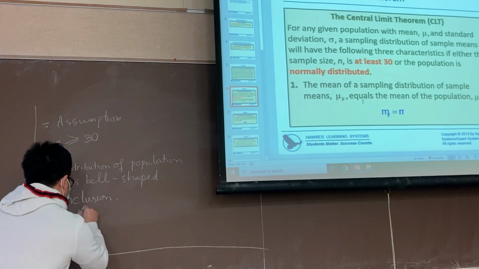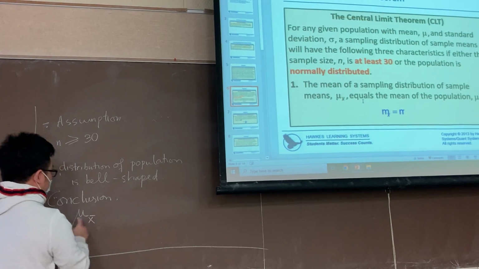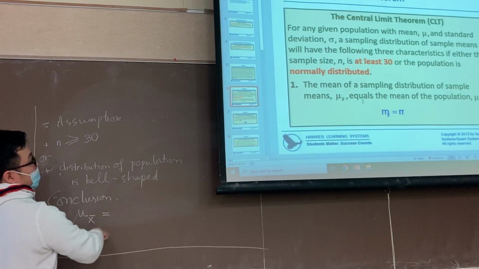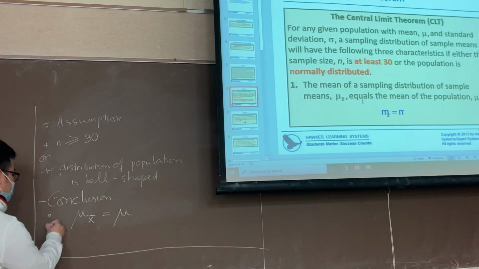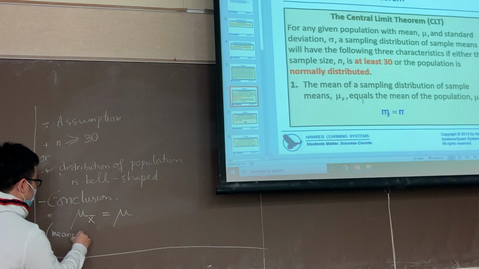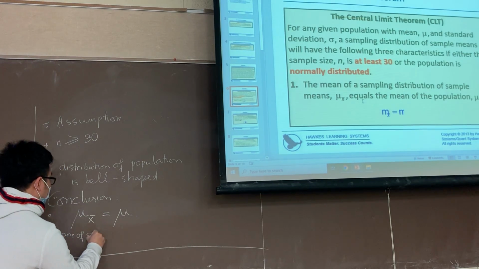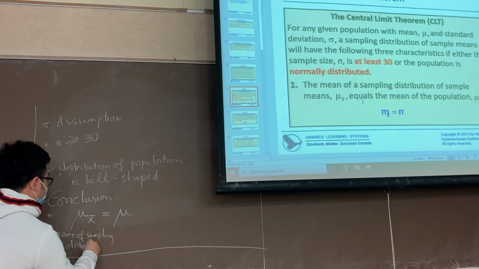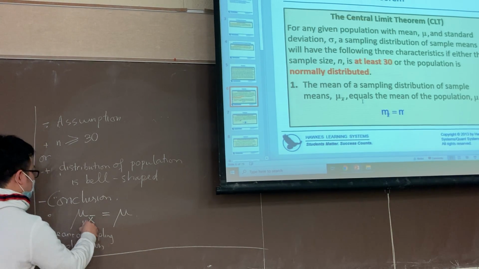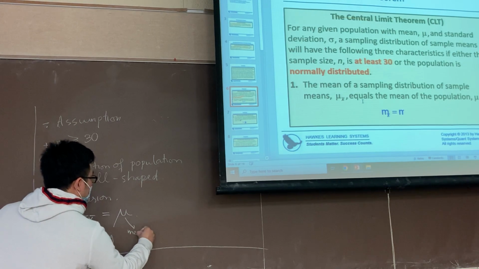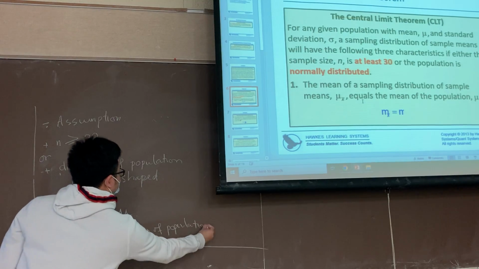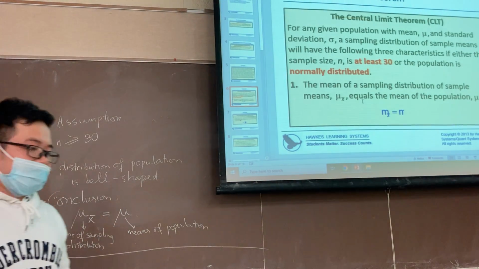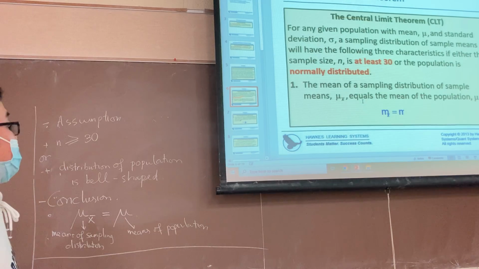The first one: the mean of the sampling distribution will be equal to the mean of the population. That is the first relationship between the mean of the population and the mean of the sampling distribution.